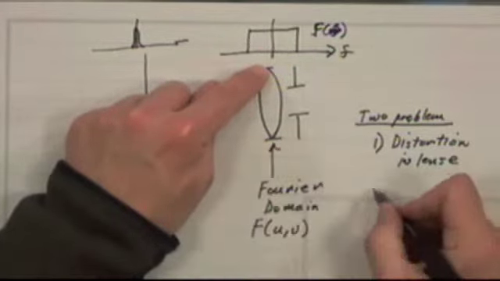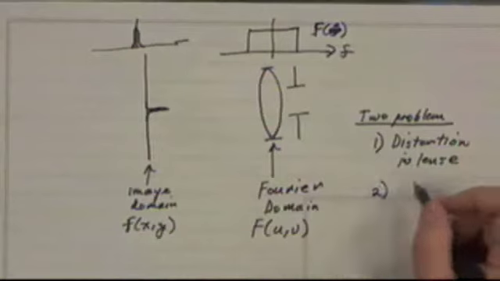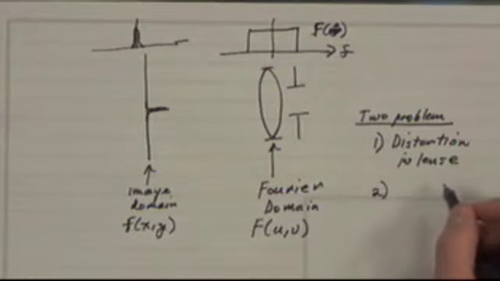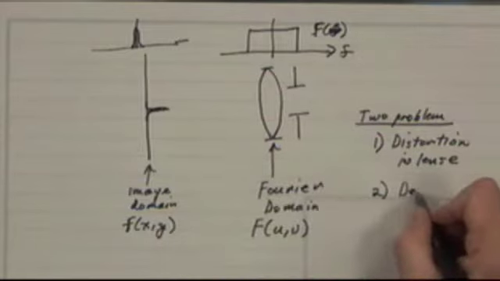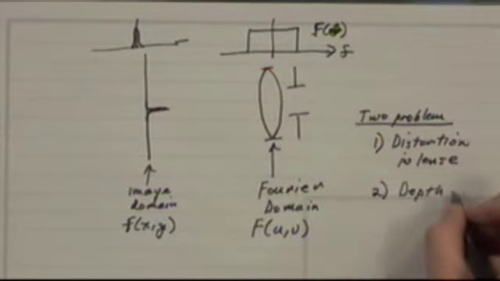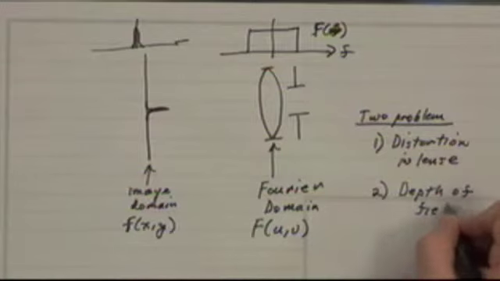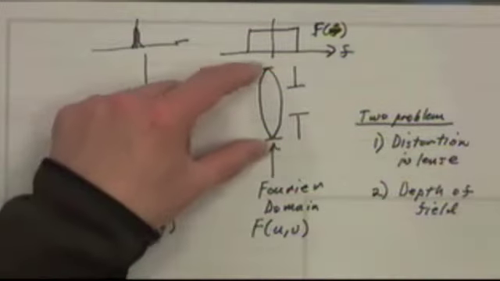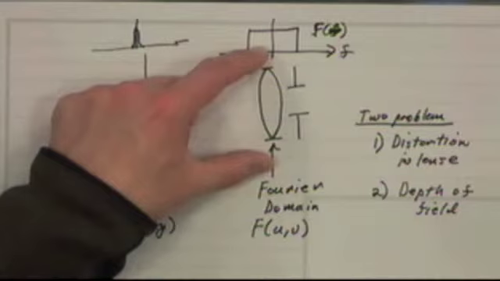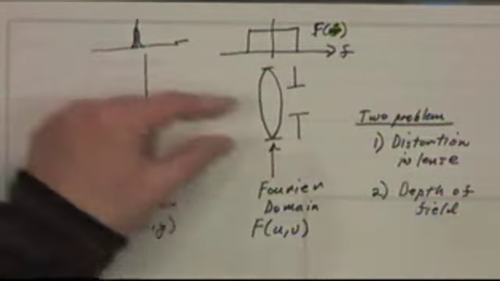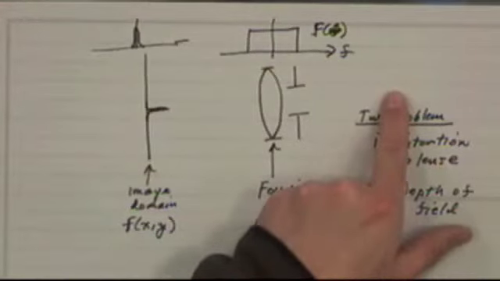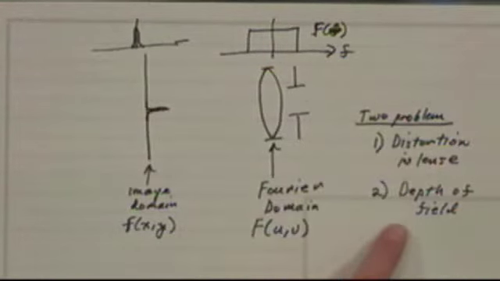And two is that there's this other effect called depth of field. The problem is this: as the lens gets larger and larger, if it's a perfect lens, it'll give you a sharper and sharper image, but only for images which are exactly in focus. If the image isn't exactly in focus, then you'll lose resolution more rapidly.